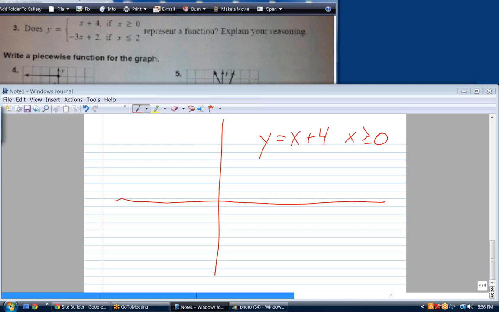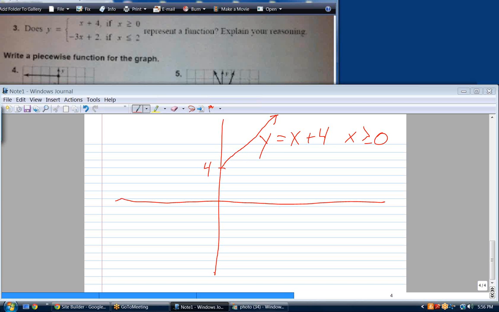So how do I graph that? The y-intercept is 4. Okay. What's the slope? 1. Okay. So it's a positive slope, so that line goes like that.